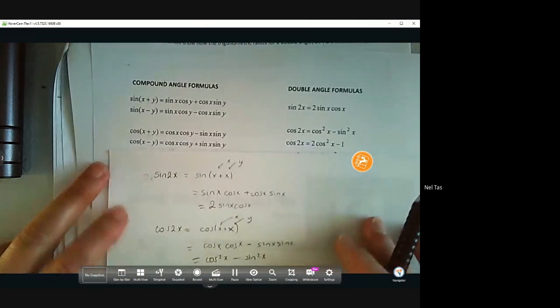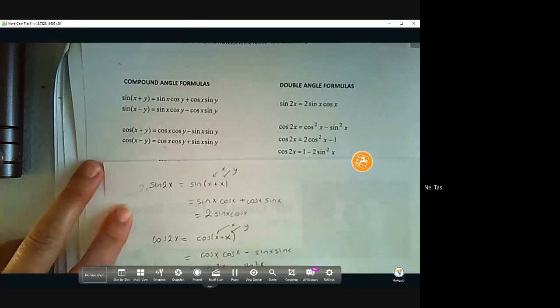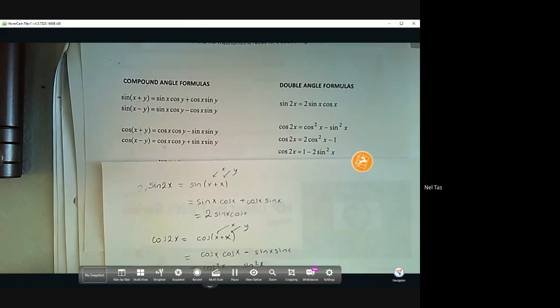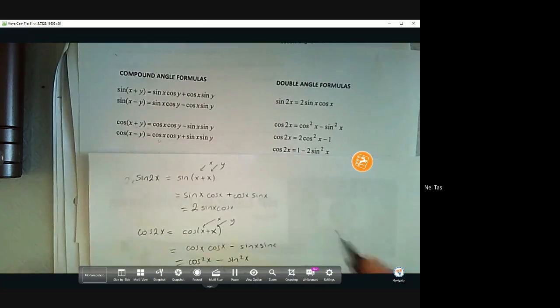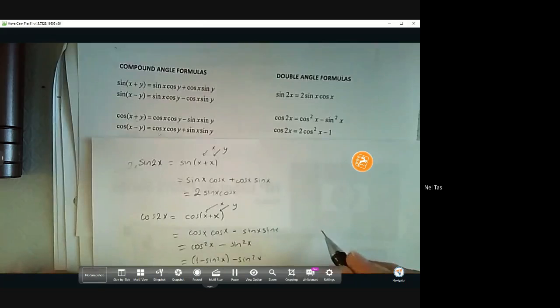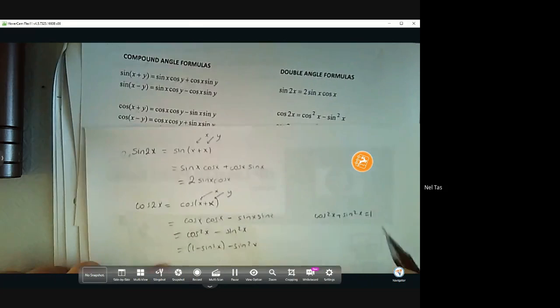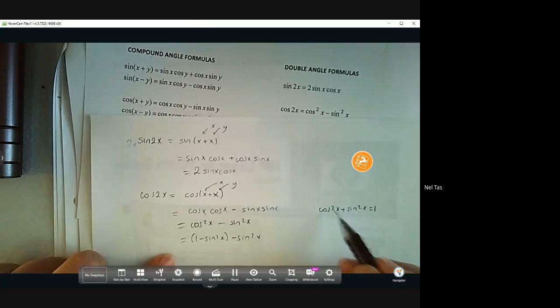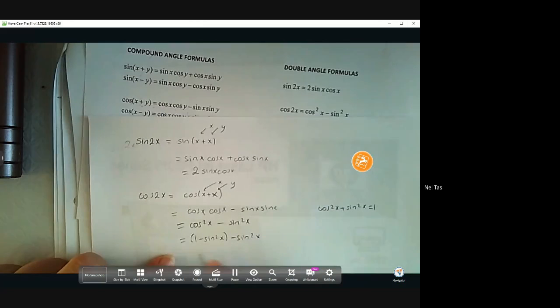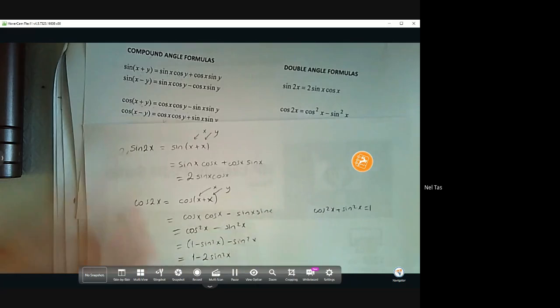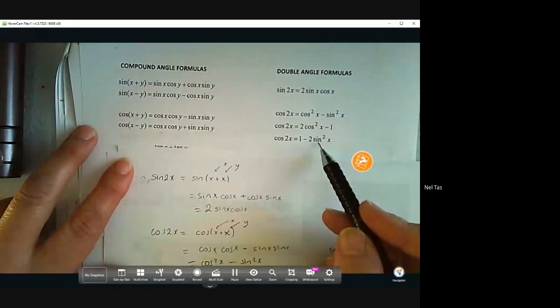So how about the other two formulas? How do we get those? You can write cos square x as 1 minus sine square x, and you know that it's coming from the identity cos square x plus sine square x equals 1. If you isolate cos square x from here, you get 1 minus sine square x. So you end up with 1 minus 2 sine square x, which is this formula.